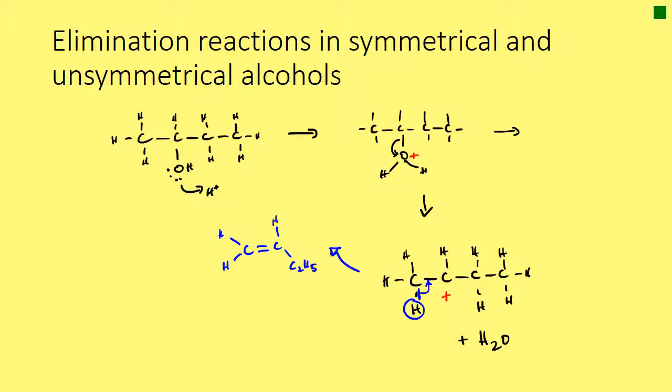Okay, alternatively, let's use this hydrogen here. All right, and those two electrons there are the ones that go to neutralize the carbocation, making a double bond there. So in that case, you would have this.